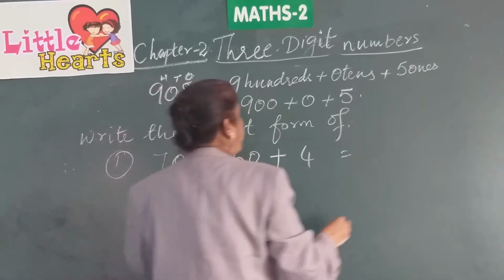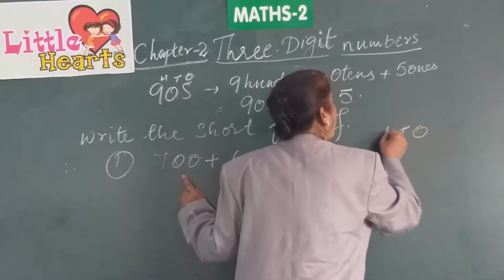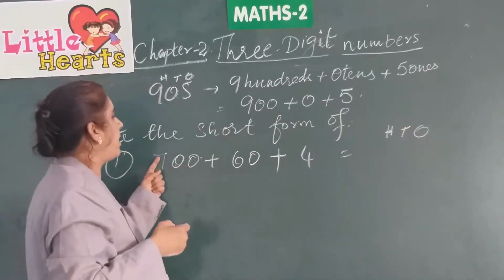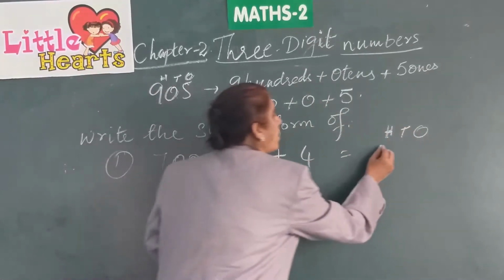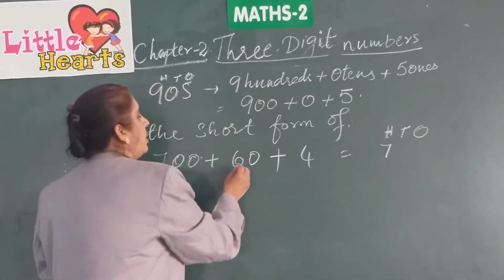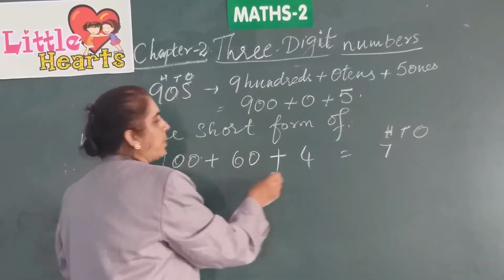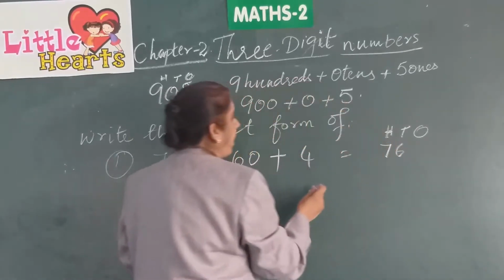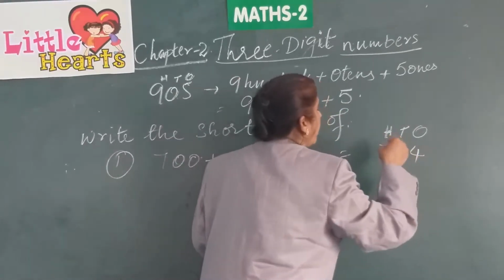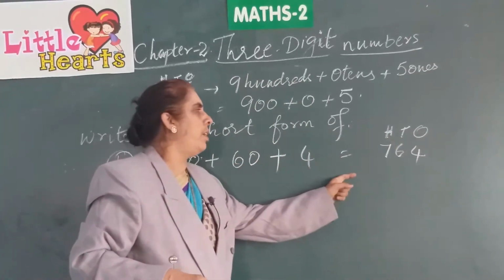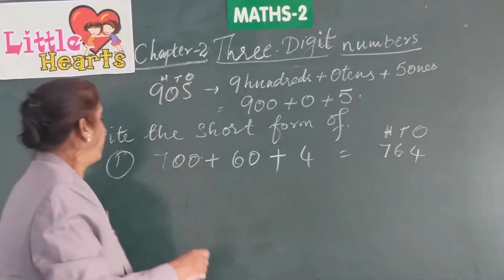So we have 3 digits here. We should have 3 places in the number. 7 hundreds. How many hundreds are there in this? 7. 7 in the hundreds place. 60. How many tens are there? 6 tens. So 6 in the tens place. 4 ones. So if the expanded form is given, you should write the number, the short form.